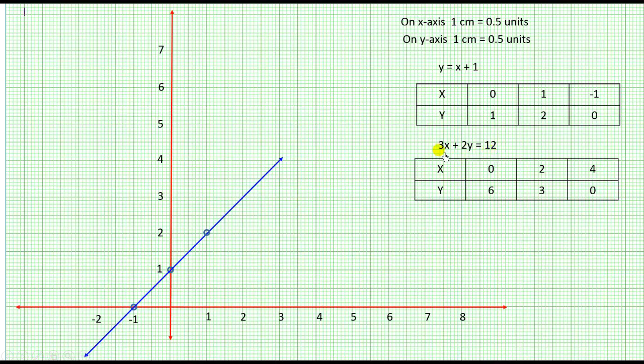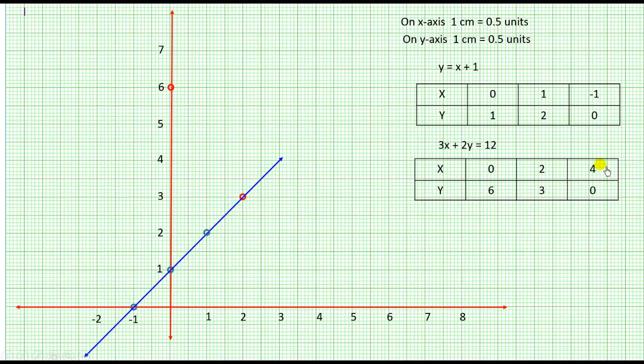Now take the other equation, 3x plus 2y is equal to 12. The first set of coordinates is 0, 6. So x is 0 and y is 6, and the point will be plotted here. Now the other set is 2 and 3. So x is 2 and y is 3, and the point will be plotted here.